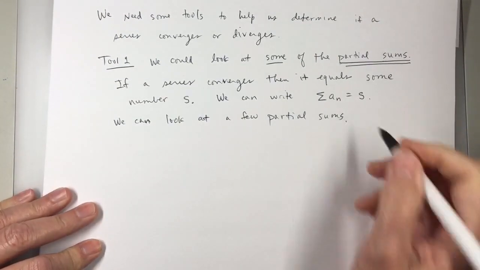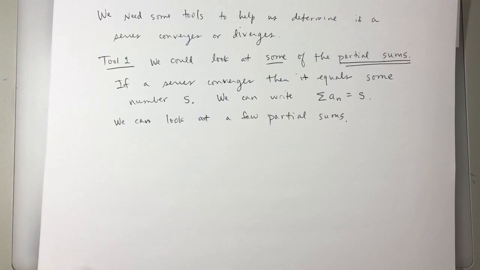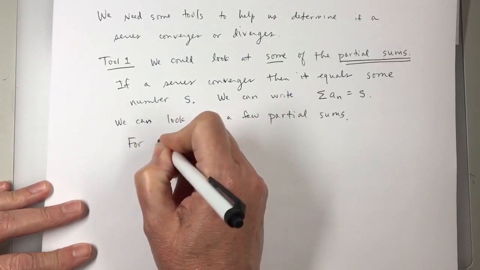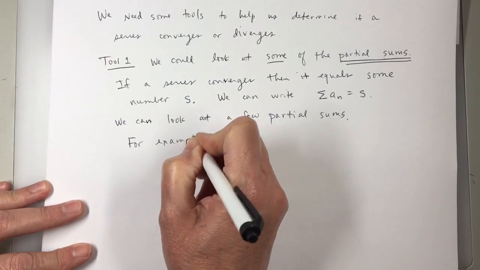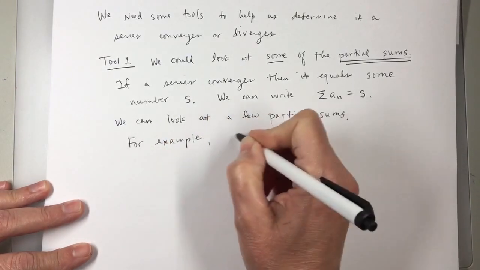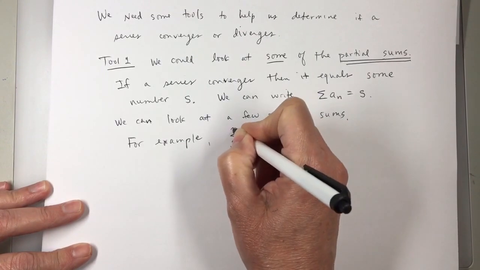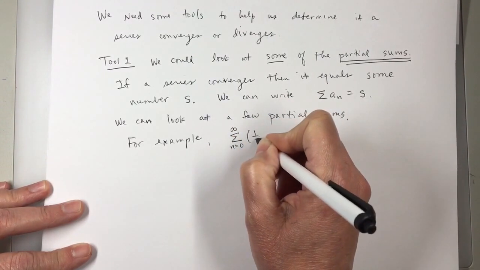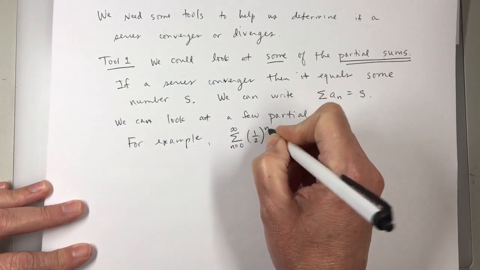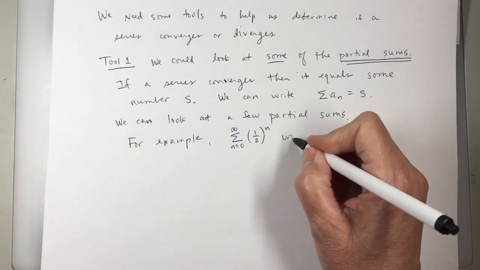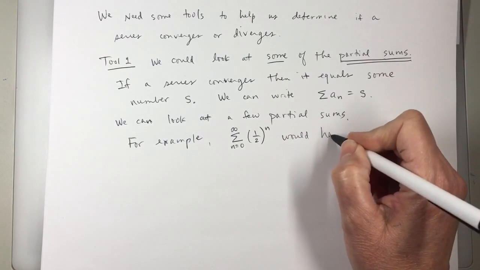And I'm going to do this with my example I had previous. So, for example, the series, as n is starting with 0 and going to infinity, of 1 over 2 to the n would have these partial sums.